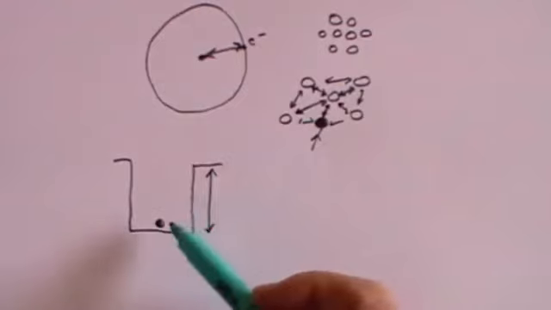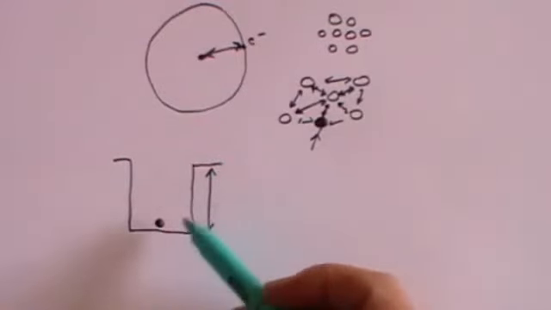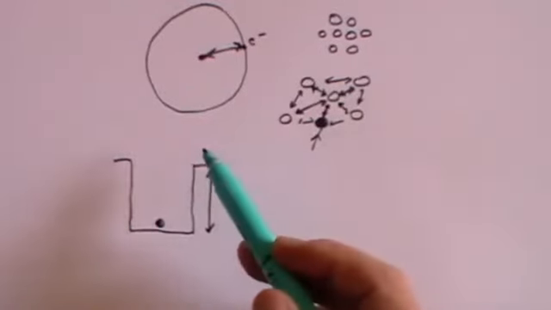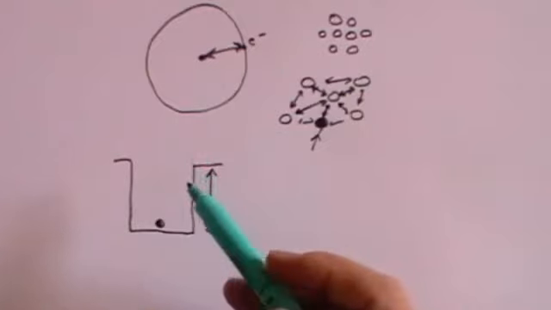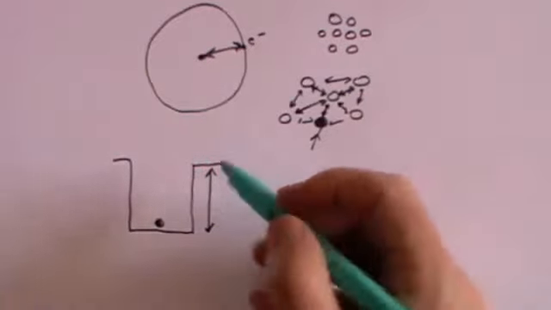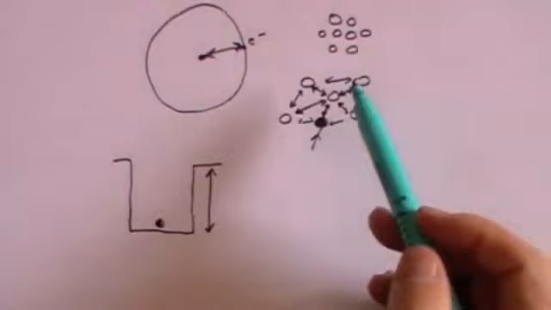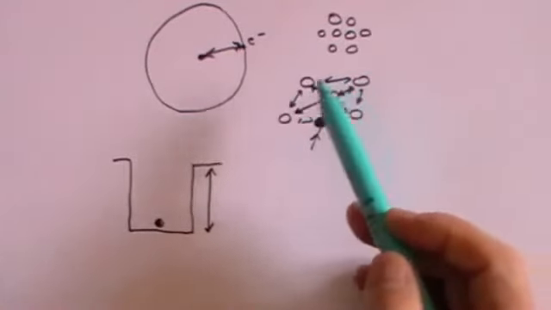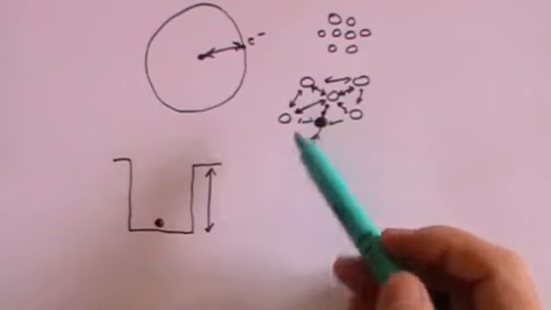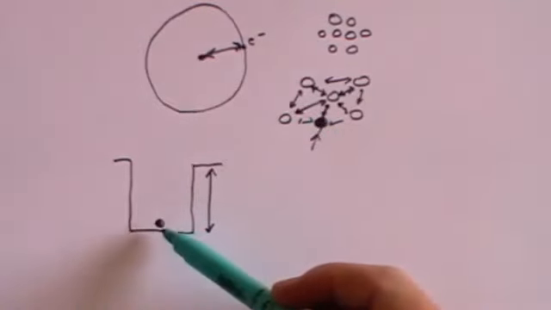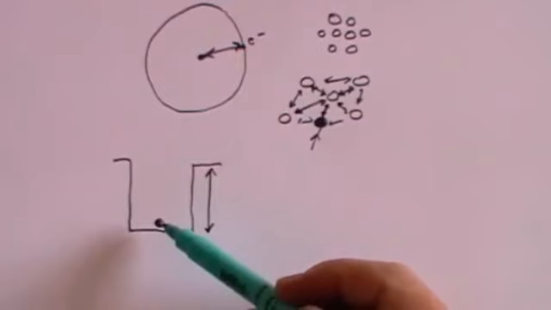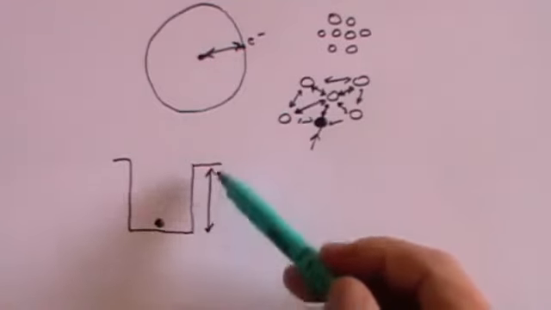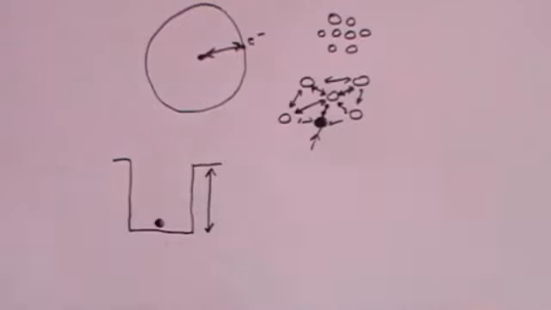You would have to give this nucleon this much energy if you wanted to get it out of the well, in other words, if you want to get it out of the nucleus, because the combined nuclear force of all of the other nucleons essentially is what is binding this nucleon into the nucleus. And you have to overcome it with this amount of energy to get the nucleon out.